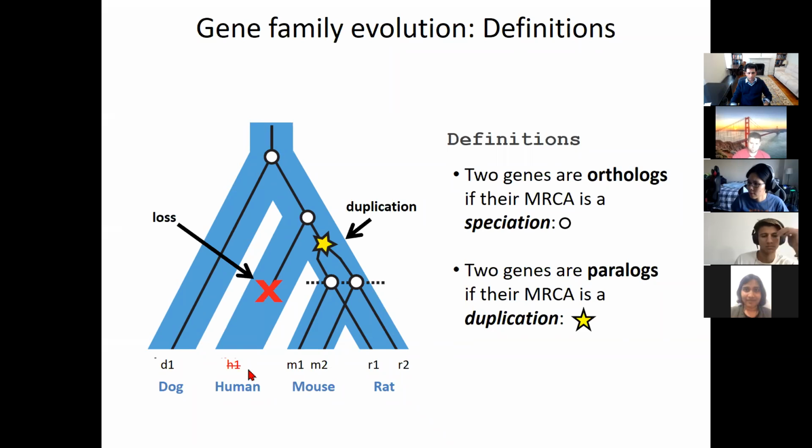So we can therefore infer, based on these duplication events in stars and speciation events in circles, that the black gene tree topology, when weaved into the blue species tree topology, implies a duplication event in the common ancestor of mouse and rat, a loss event in the human lineage, and then a speciation event in both mouse and rat.